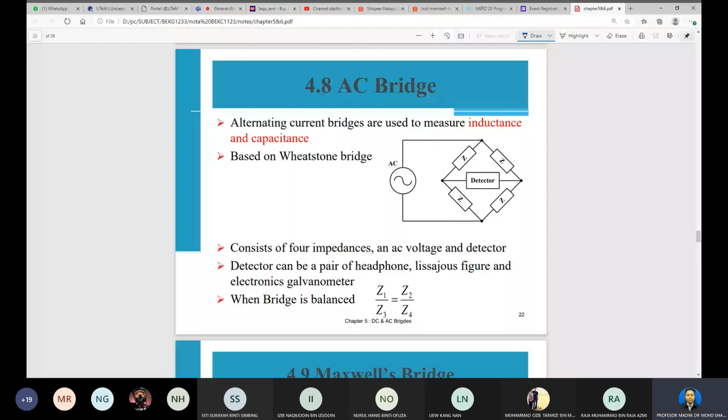The impedance consists of the value of the resistor plus or minus jXL, which means the inductance, or negative jXC, which is the capacitance. The resistor is the real part.